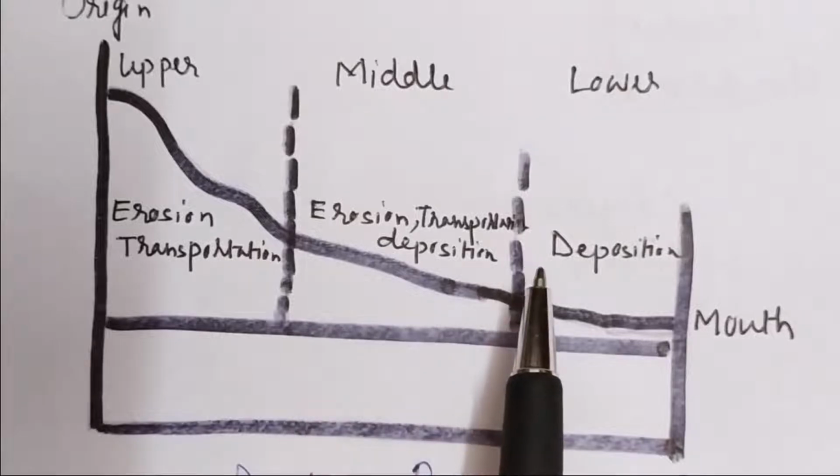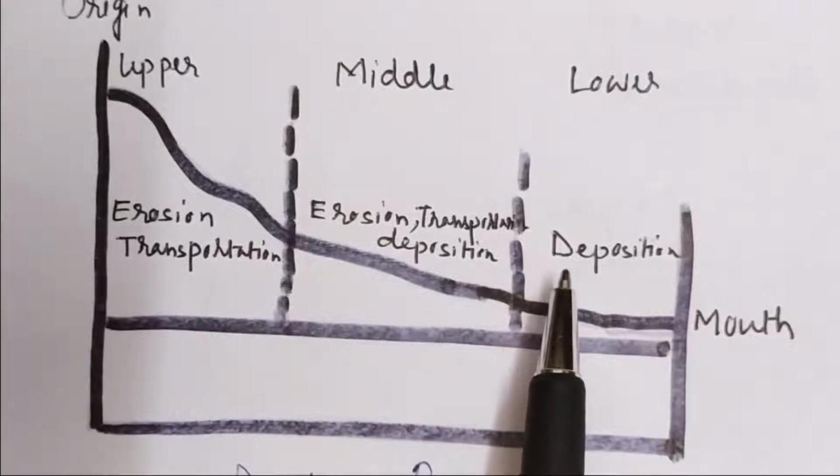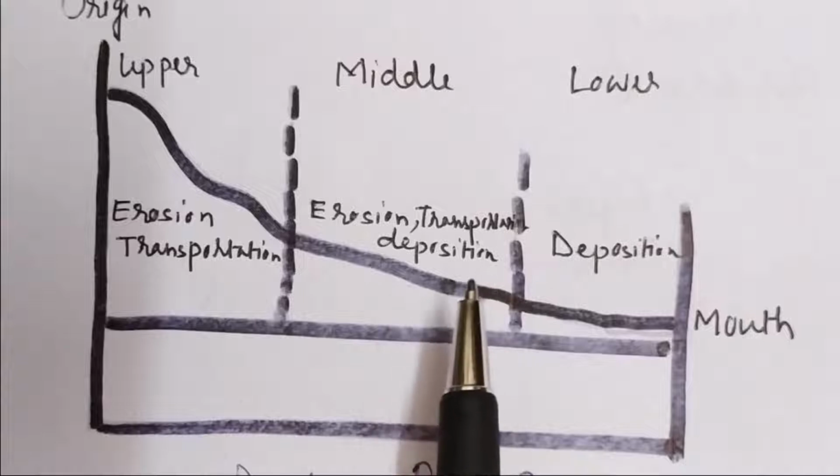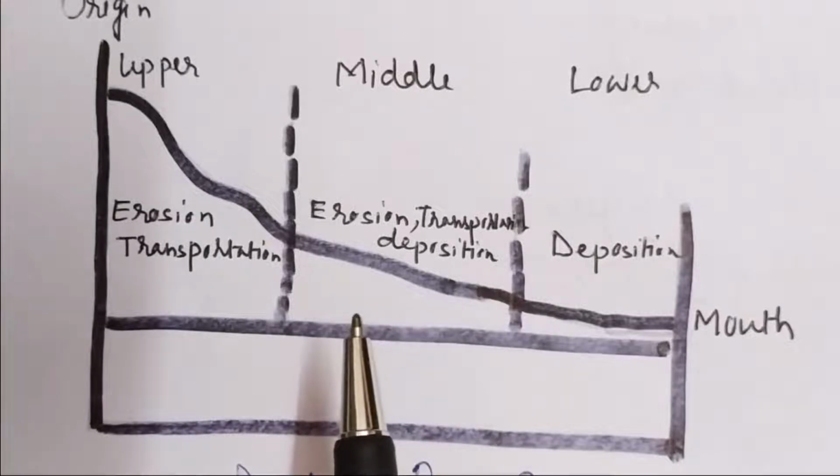In the lower or old course, we can see deposition work only, and landforms like floodplains, oxbow lake, levees and delta. Now we are going to discuss all these landforms one by one.